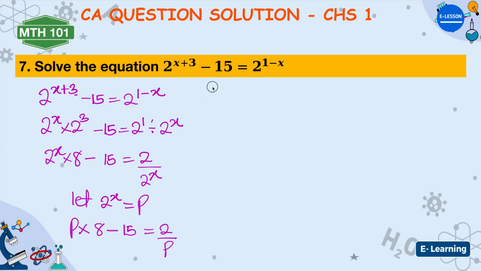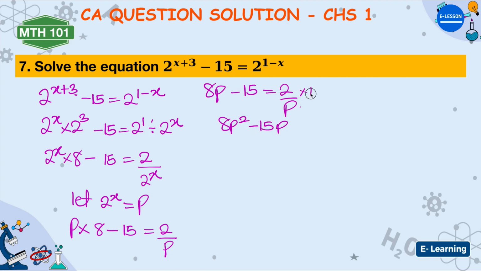P times 8 is what? 8p minus 15 is equal to 2 over p. Is that okay? Exactly. So we can use this p, we can multiply through by p. If we multiply through by p, so that p can cancel, here will be what? 8p squared. We are multiplying through by p minus what? 15p.